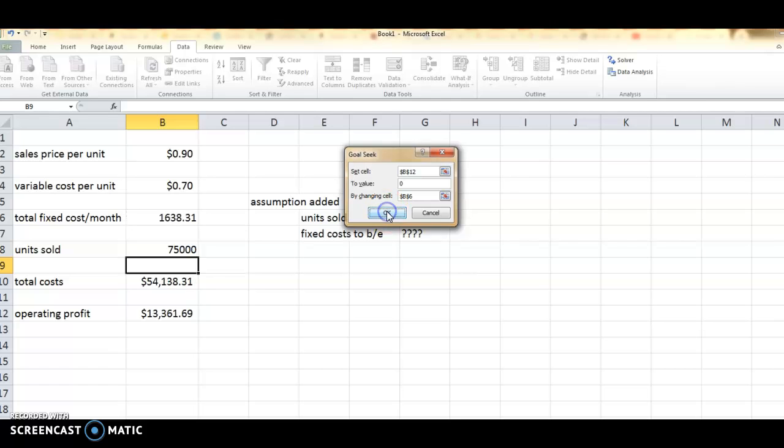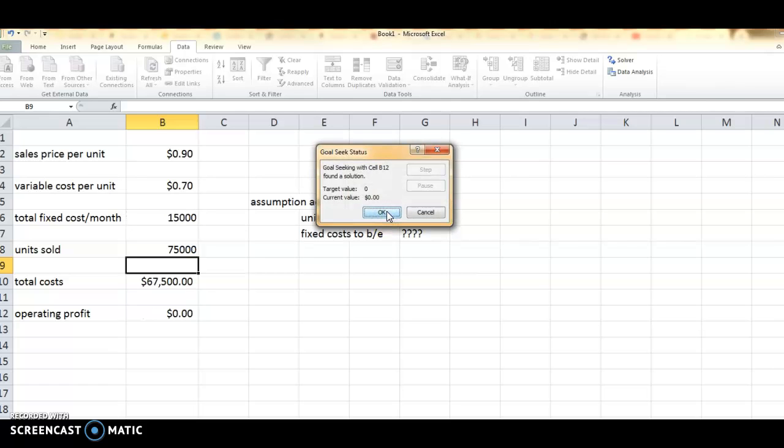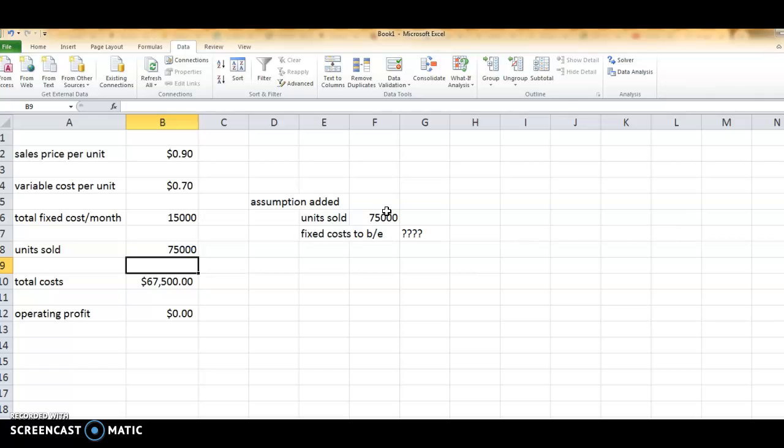It took a minute for it to figure this out for me. And in order for me to generate an operating profit of $0 per month, given that I have 75,000 units sold and no change in the selling price of 90 cents per unit, no change in the variable cost of 70 cents per unit, what would happen now is I could afford to pay $15,000 worth of fixed costs and still break even, right?